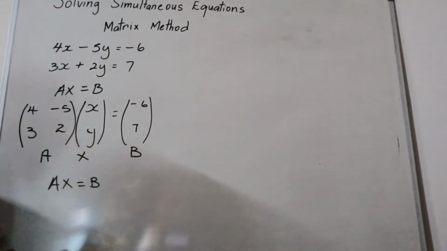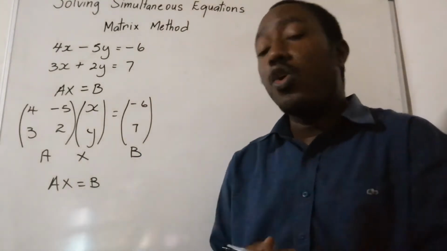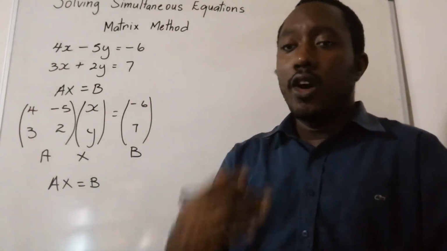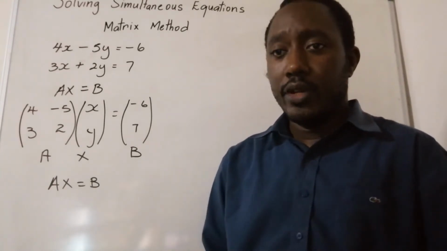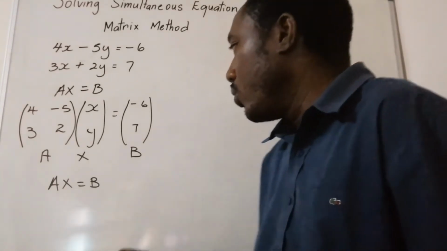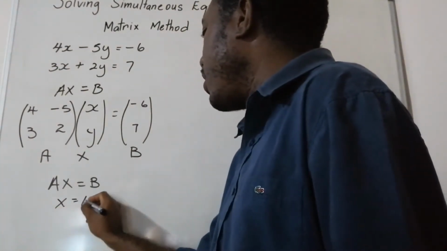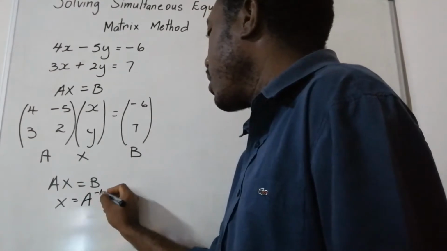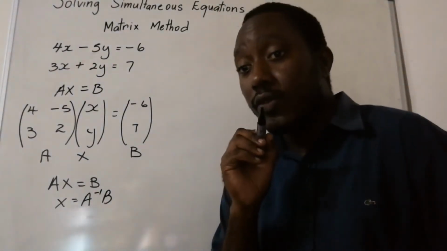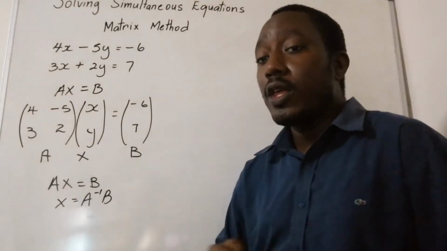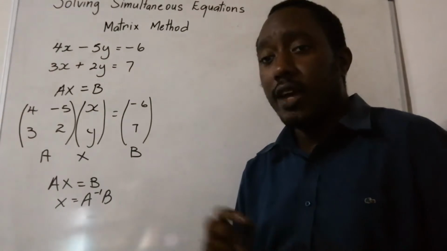Anytime we take an operation over the equal sign, we do the inverse operation. So X is equal to the inverse of A multiplied by B. For us to solve this equation, we need to know the inverse of A.